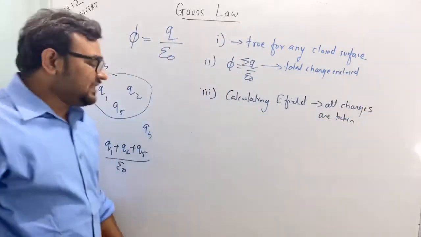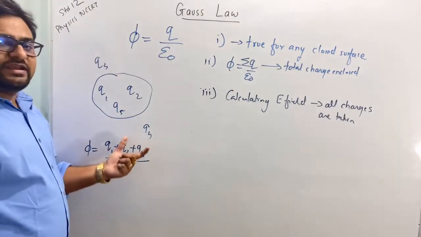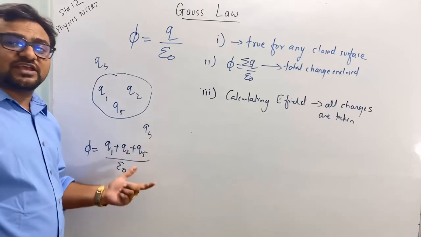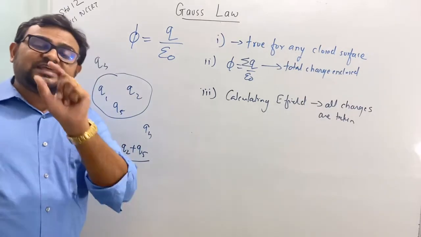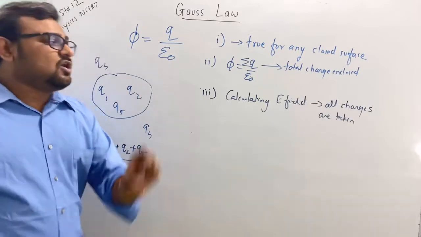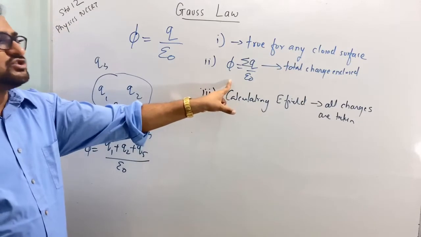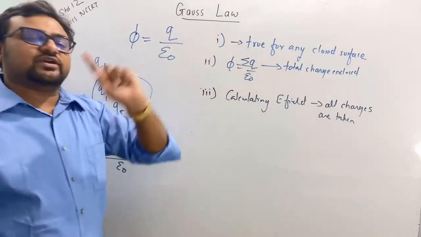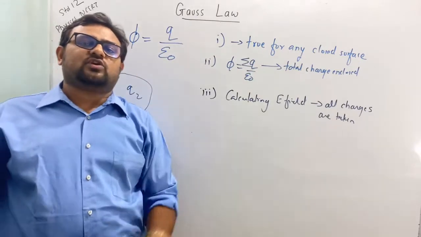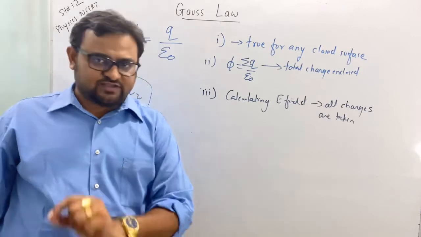Remember, when calculating flux equal to E dot dA, in that term E, the electric field, all the charges are taken. But when you use the formula summation of Q by epsilon zero, then this Q is only the total charge enclosed inside the closed surface.